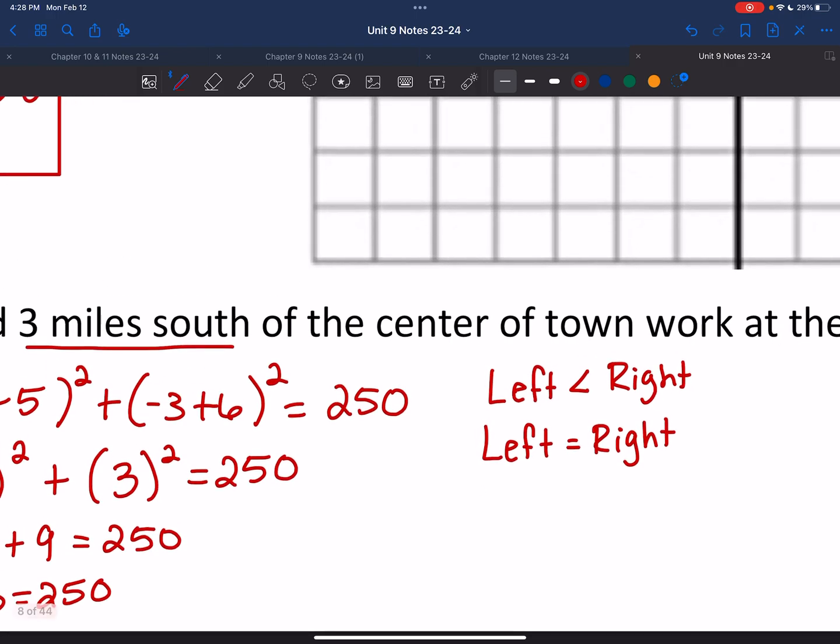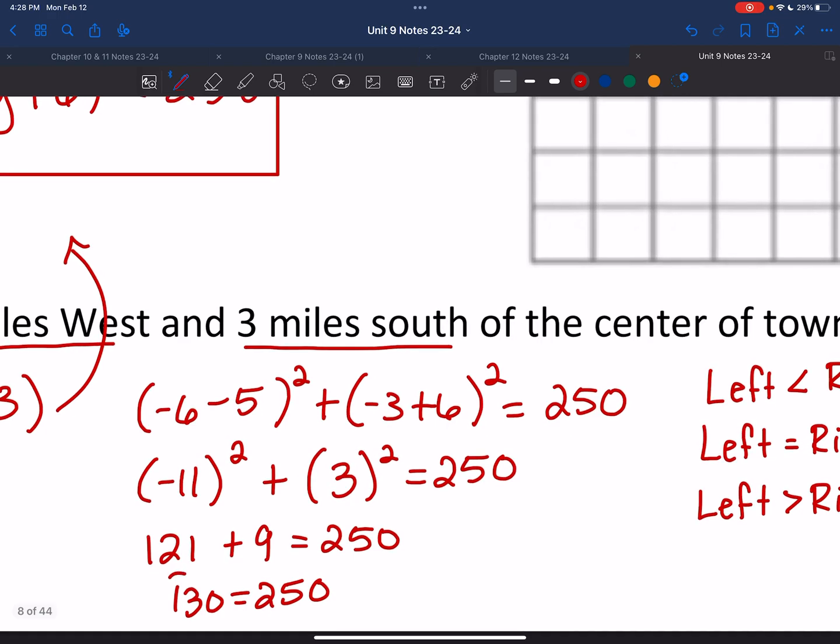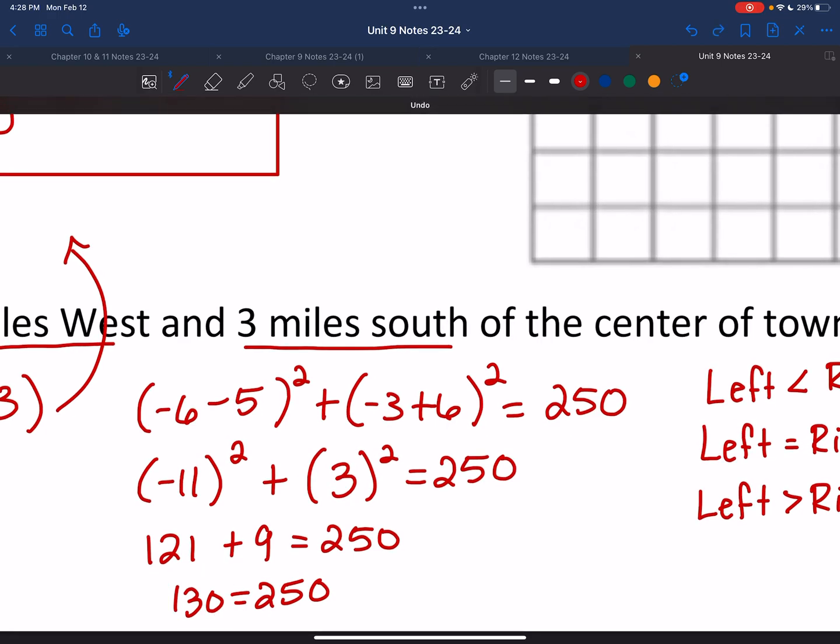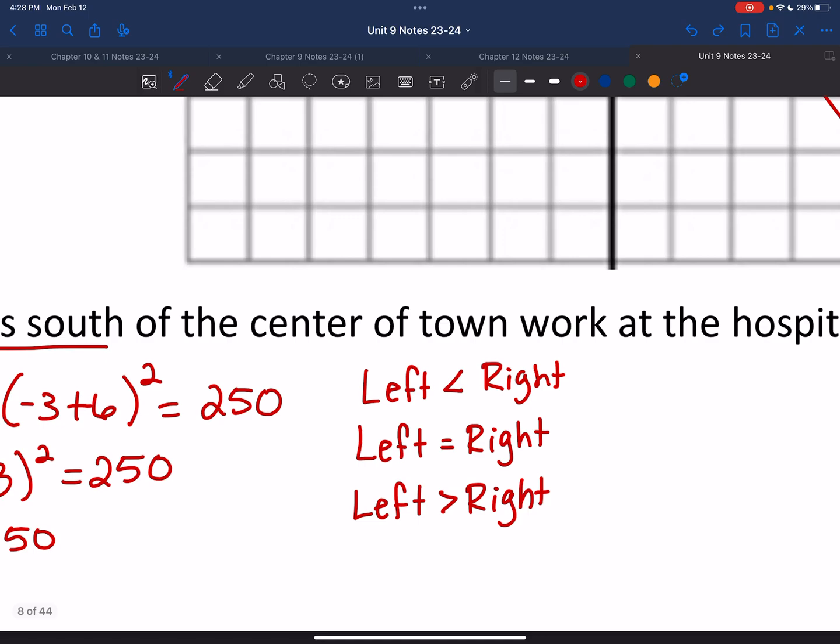Or you can have the left side be greater than the right side. So you might have something like this left side might be 400. That would be greater than 250, right? So if the left side is less than the right side, that means that you are inside the circle.